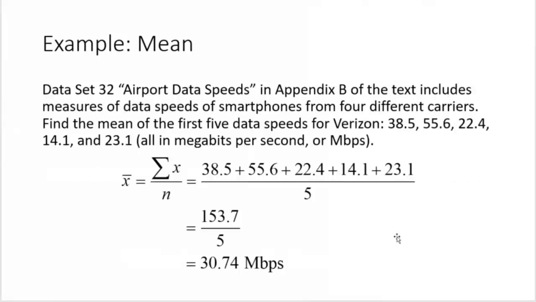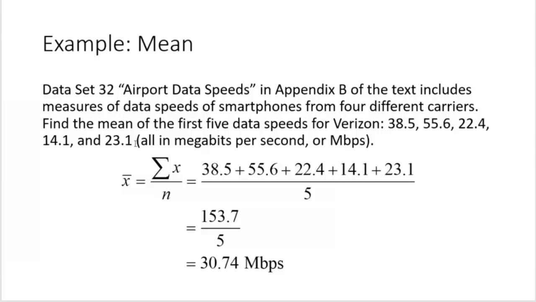Here's an example of that working out, and we're going to come back to this example on several different slides. To speed things up, I have most of the examples already worked out on there because I don't think the process is going to throw you off as long as you have something to go back to. This is a data set, and it's really small, but it had quite a few more numbers in it, and we've only picked out some of them.